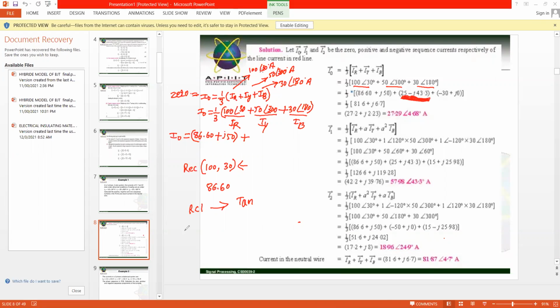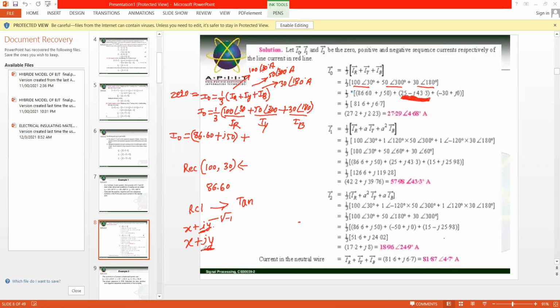So rectangular form is what? It is the same as a complex number, x plus iy. So instead of taking i, we are taking j as an operator. i is equal to under root of -1. Likewise j is equal to under root of -1, and here is the next component.